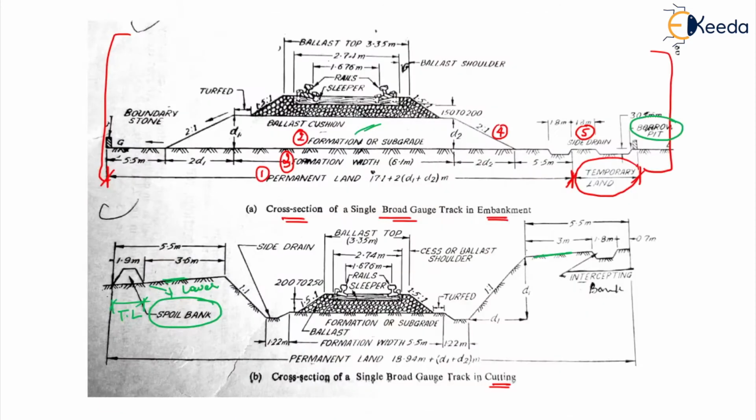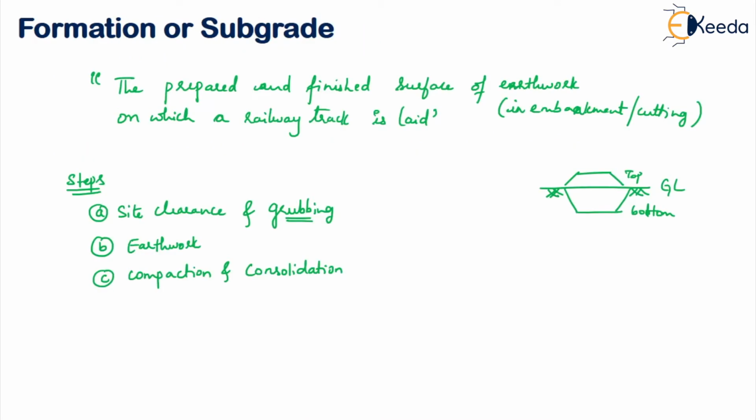Then moving to the next one, your formation width. Now what is formation width? If you observe in the diagram, this is the formation width of this figure. From here to here is your formation width. This is nothing but the top of the formation or the subgrade. Let me write the definition for you.